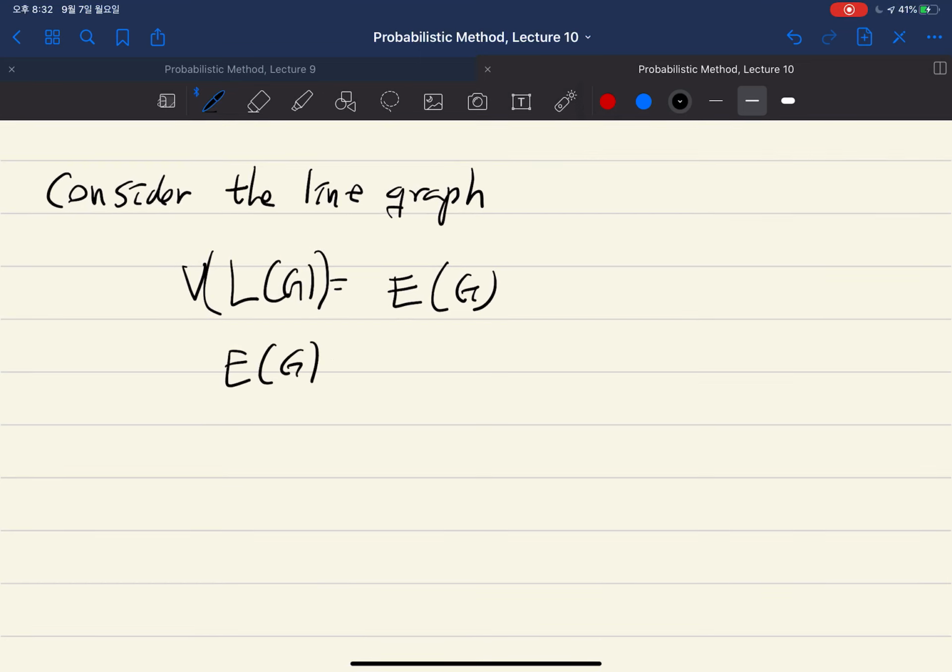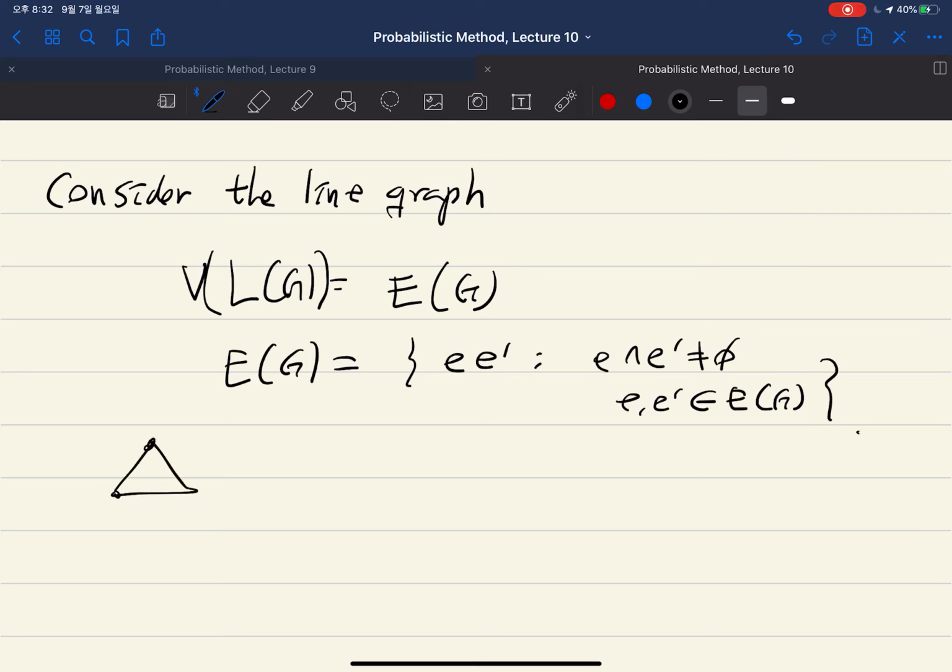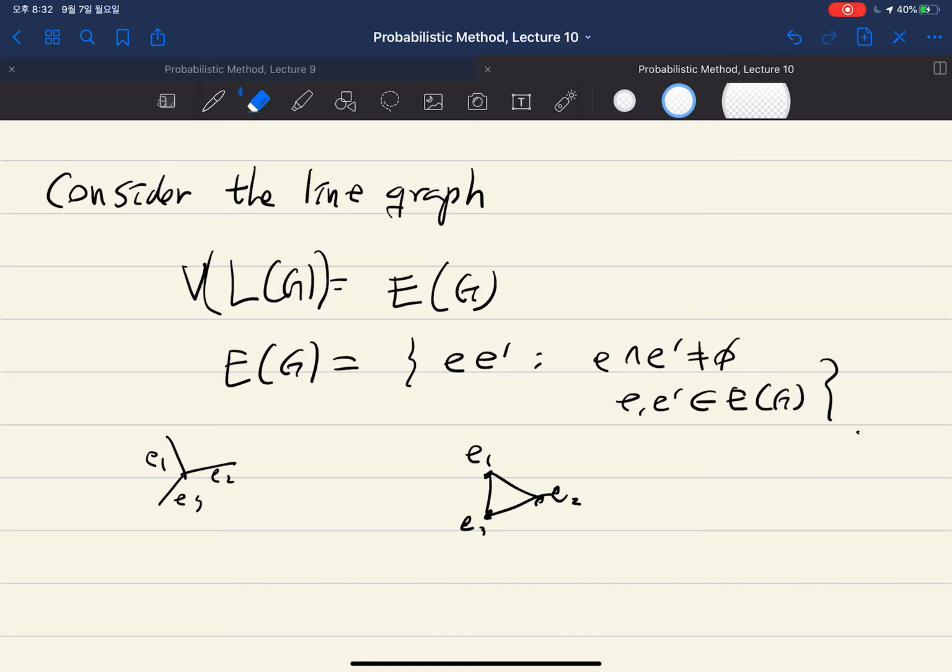And the edge set of the line graph is the collection of E and E prime, where E and E prime share a vertex, and both of them are edges of the graph. For example, E1, E2, E3: you put the vertices and then you add an edge between two incident edges. So that's how you consider the line graph.